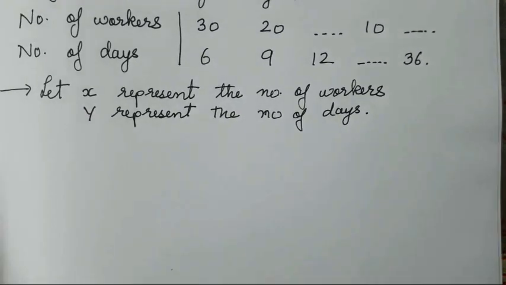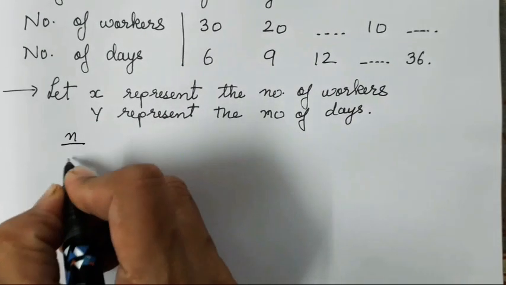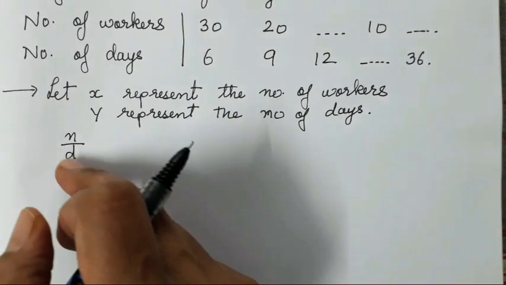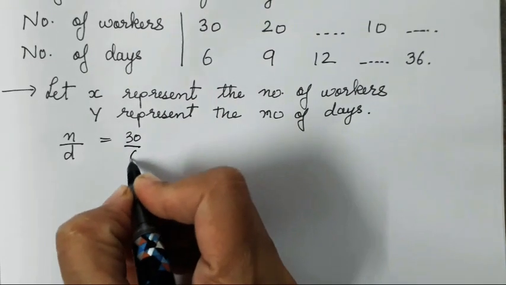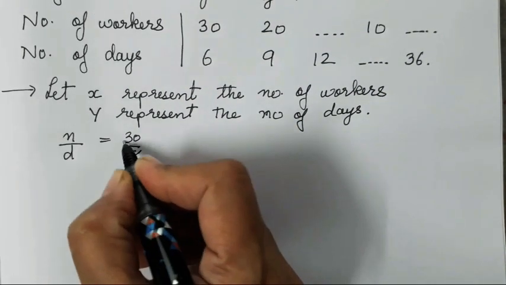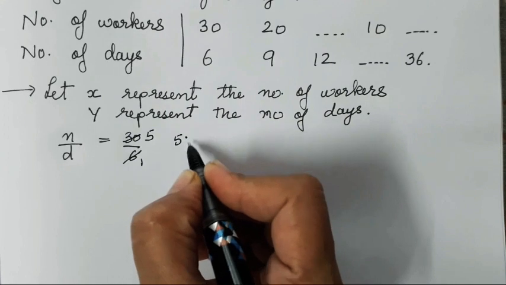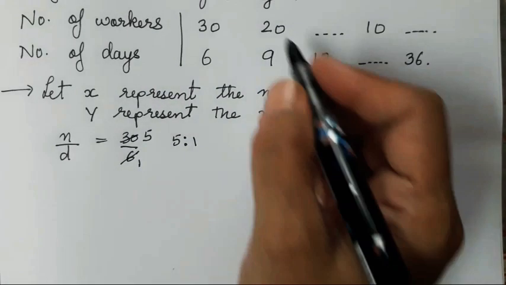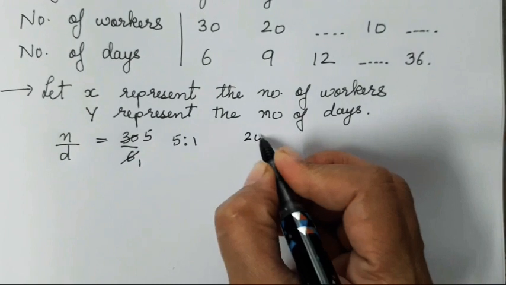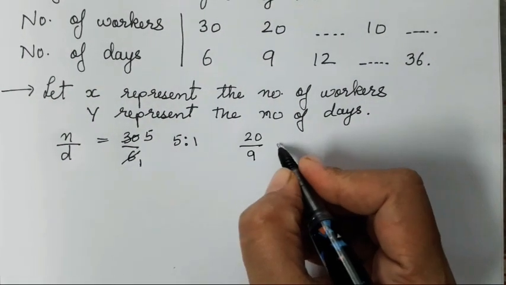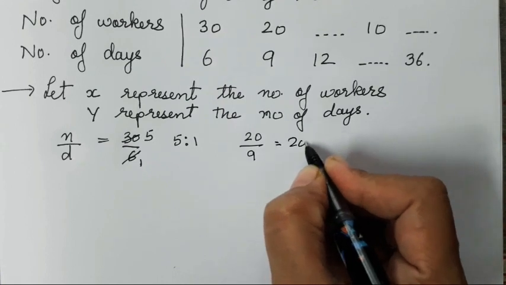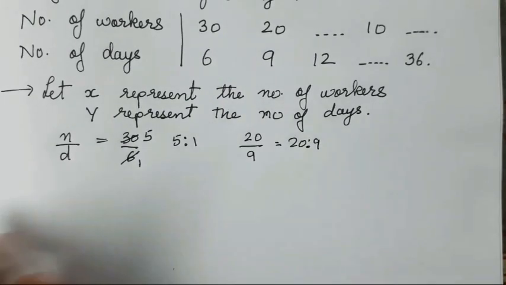I have already written the statement, and you can solve it using the inverse proportion formula. For direct variation, n upon d should be constant. N means number of workers and d means days. So 30 upon 6: 6 fives are 30, so the ratio is 5:1. Next is 20 upon 9, which we cannot reduce, so it is 20:9.